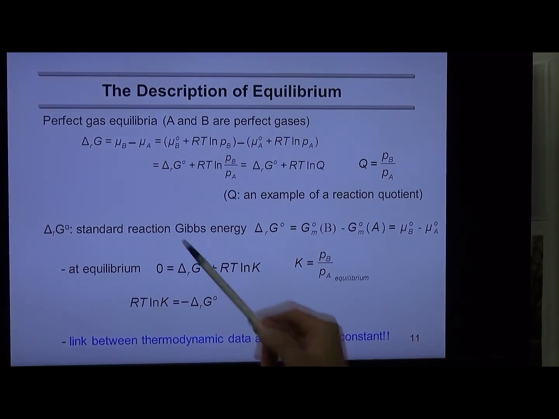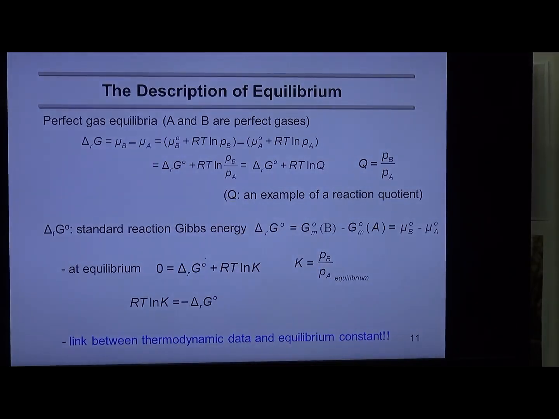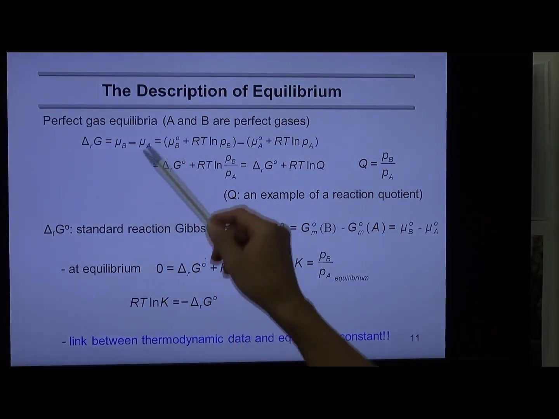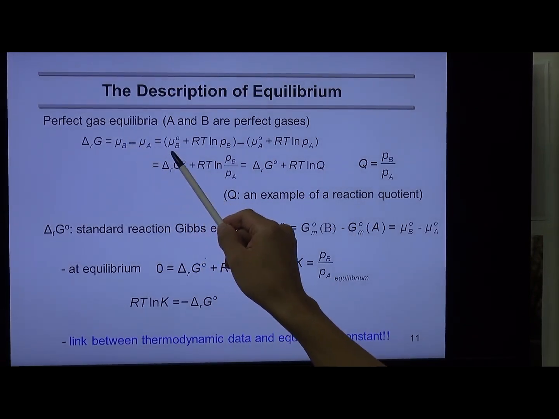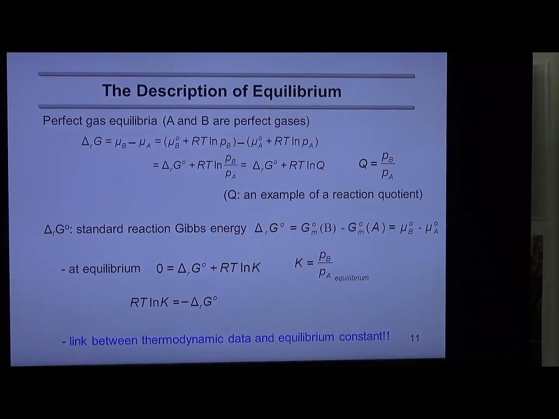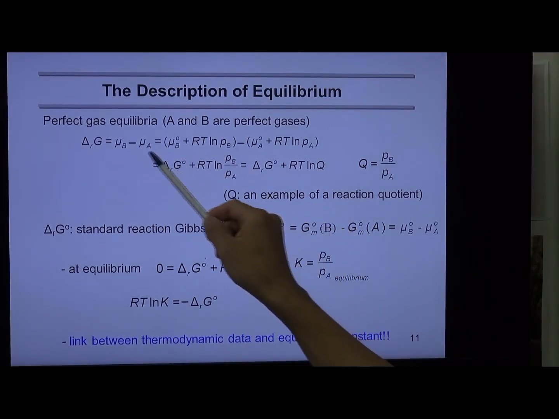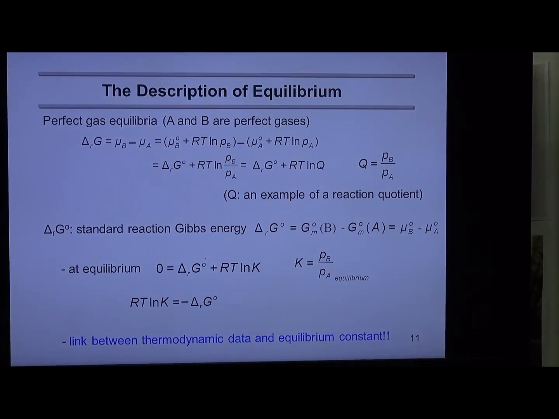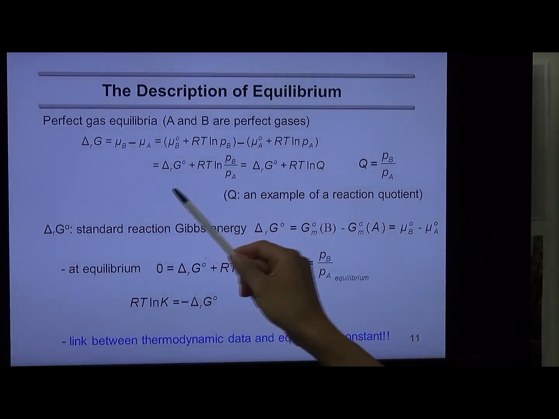Alright, then reaction Gibbs energy was same as mu B minus mu A, chemical potential difference. And for perfect gas, chemical potential is represented as chemical potential at standard pressure plus RT ln P. Right? So mu B can be represented as this, and mu A can be represented as this. Which can be rearranged to this.